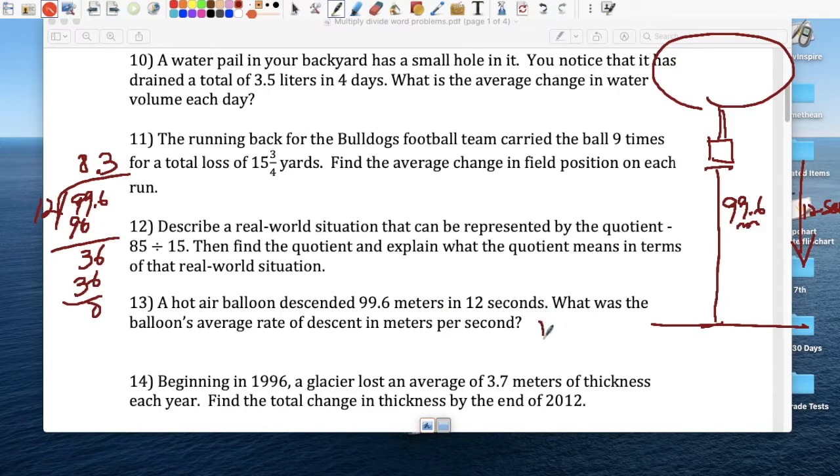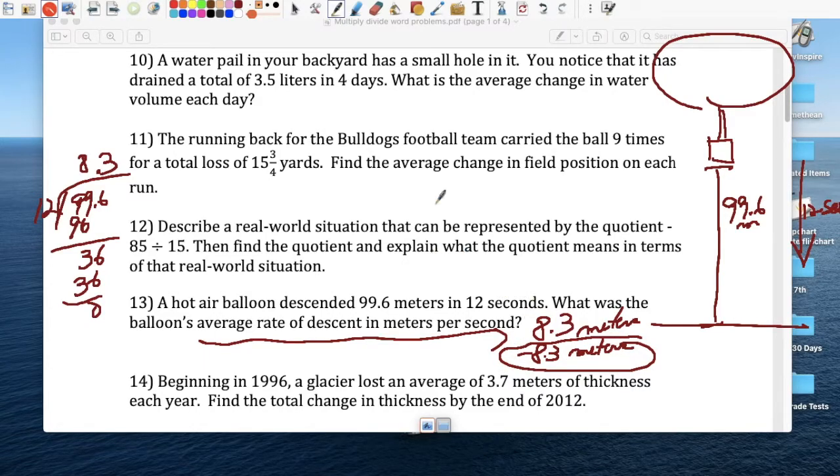Our final answer would be the average rate of descent would be 8.3 meters. Okay? So if you write that whole thing there, your multiple choice might look something like this. 8.3 meters, negative 8.3 meters, so you definitely would want to choose this one.